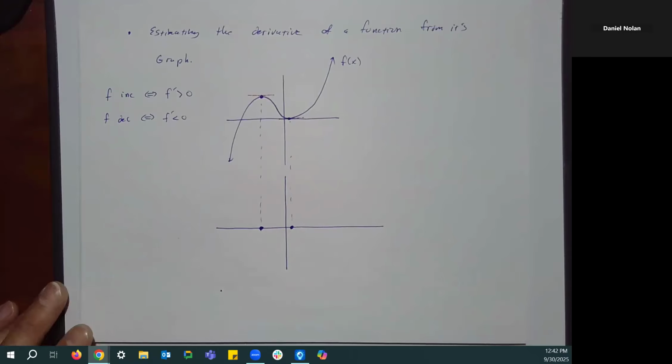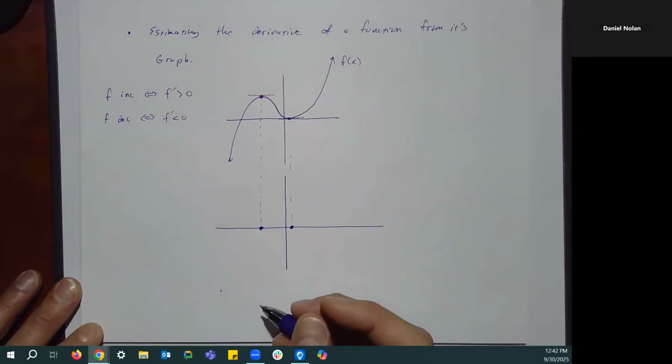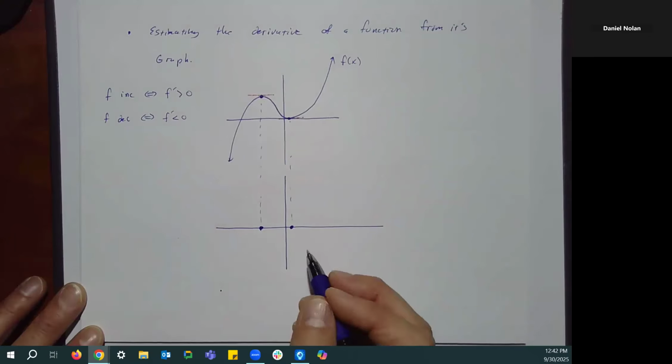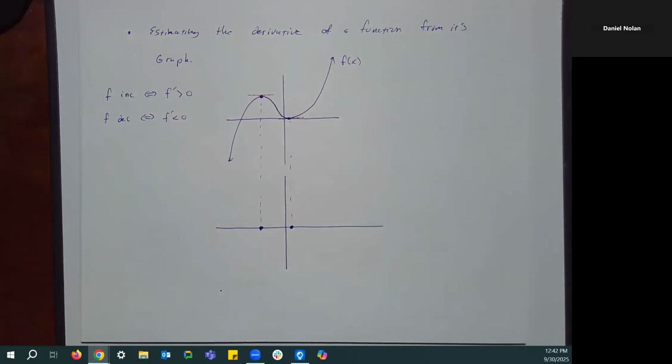Sorry, my brain said to go the right way. We are increasing, right? So I'm totally wrong. I said the wrongest thing ever. This is increasing. My derivative should be positive, above the horizontal axis.